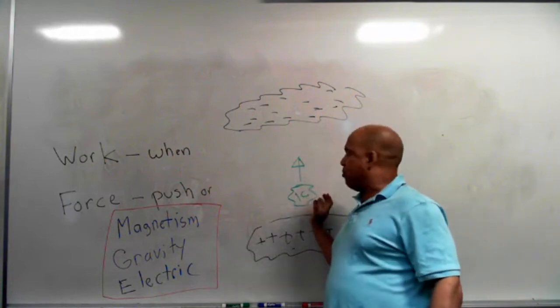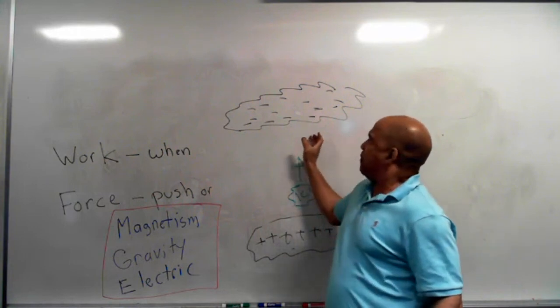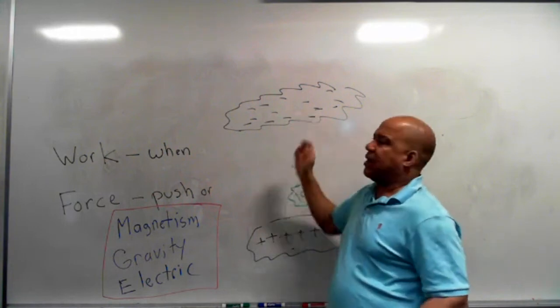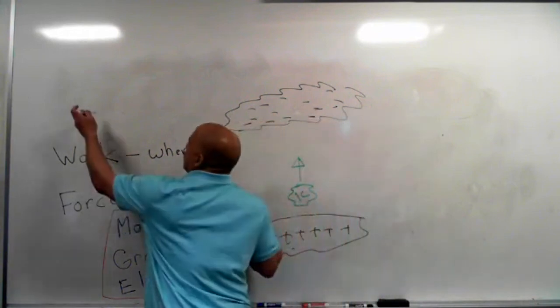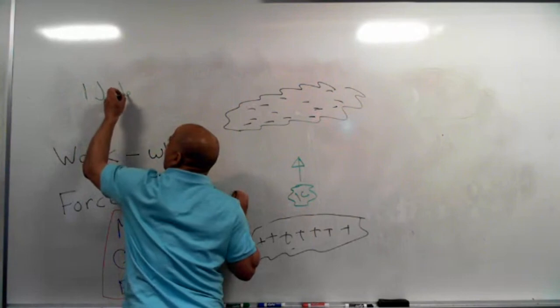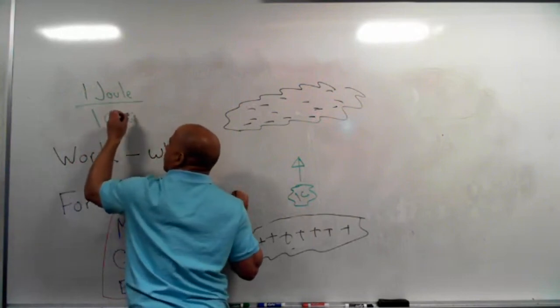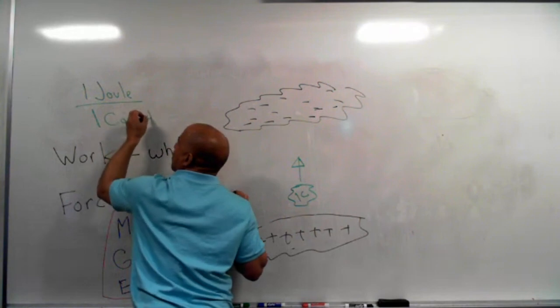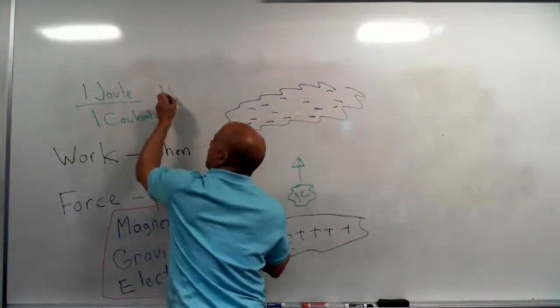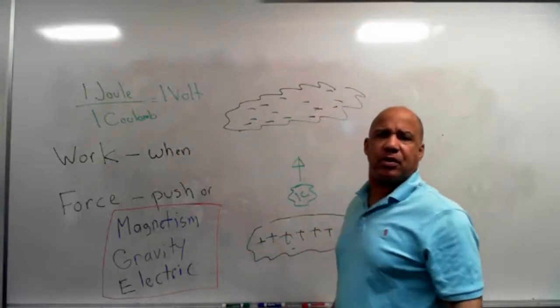I'm going to have to do a lot of work in moving this 1 coulomb of charge up to the other negative charge. And if I do 1 joule of work moving 1 coulomb of charge, I say I have 1 volt of electricity or potential difference.